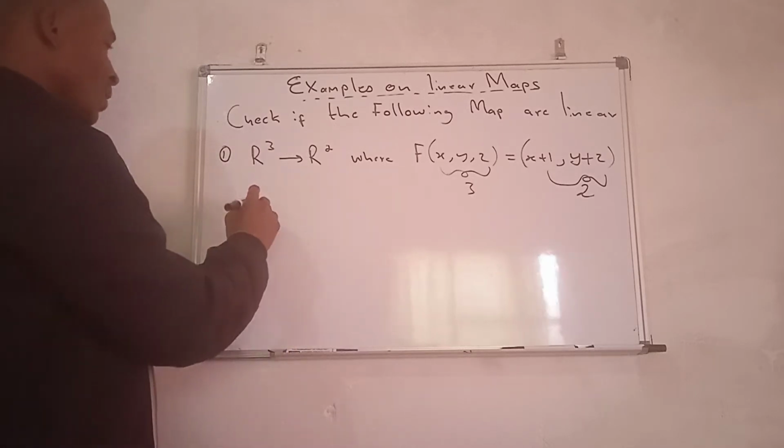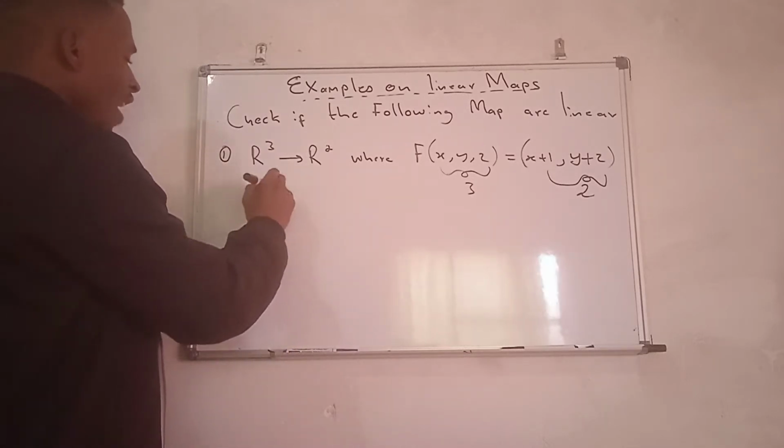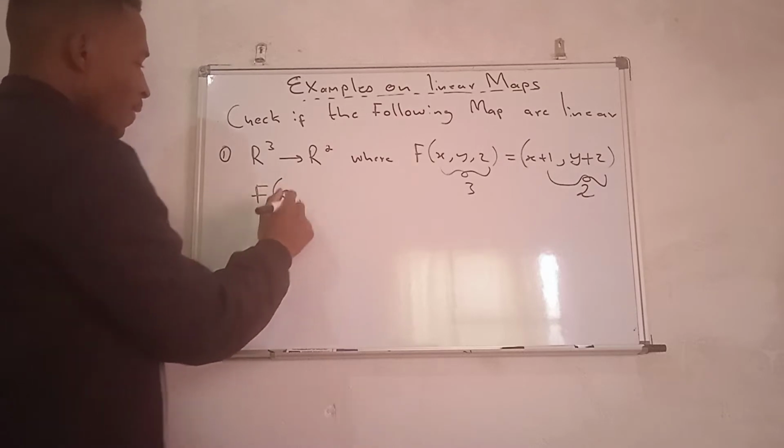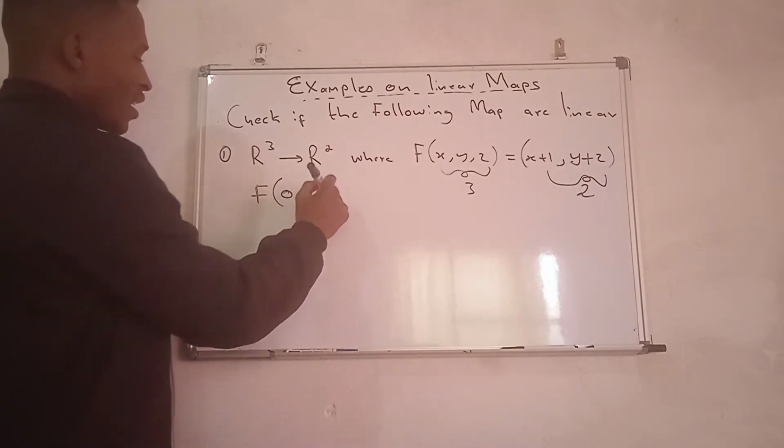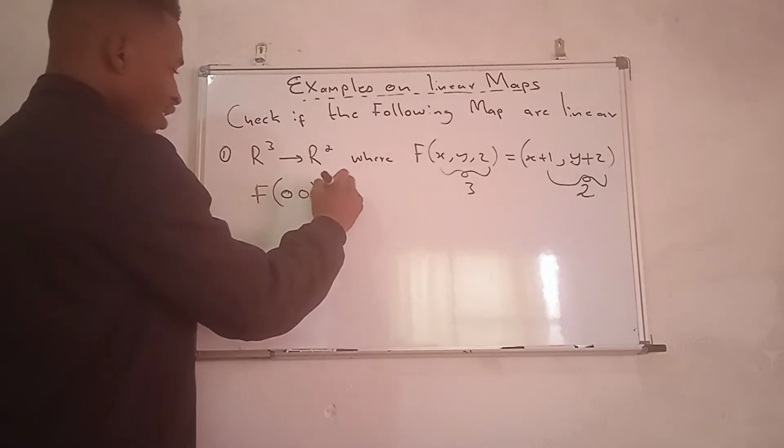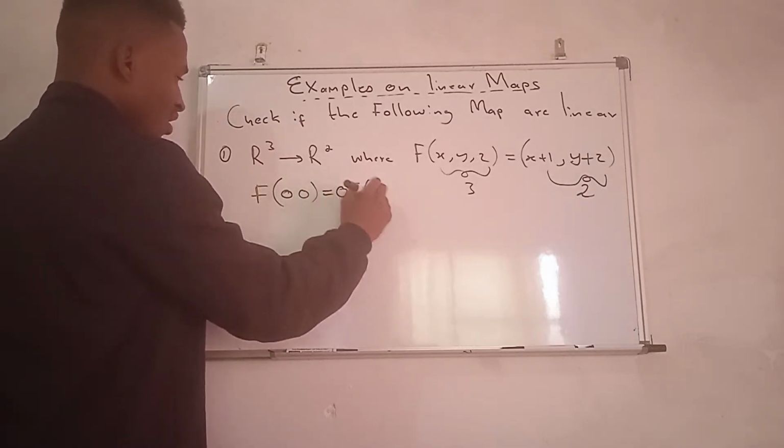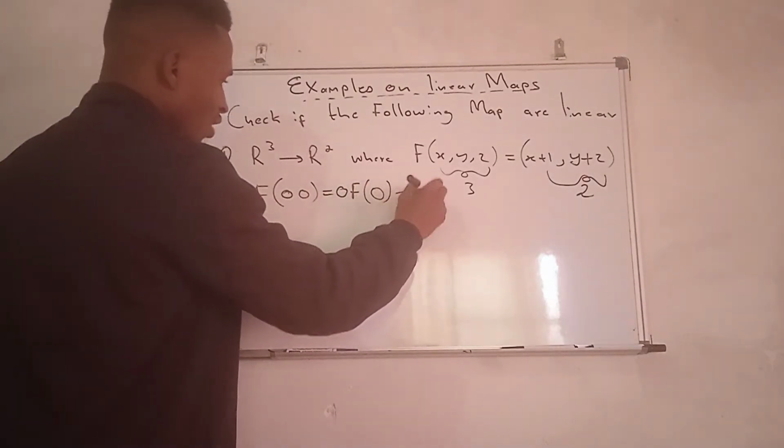But we know this theorem: if f of (0, 0) equals f of 0, then this one equals 0.